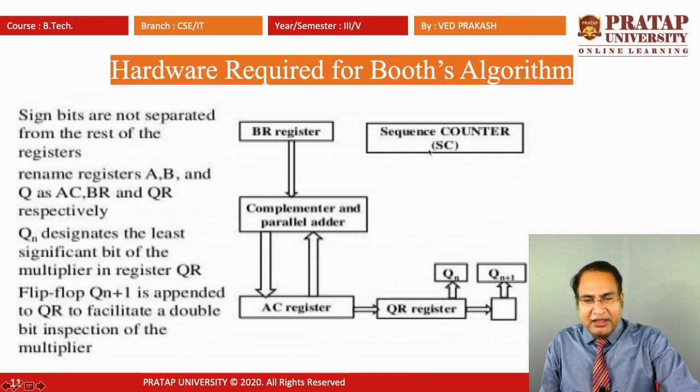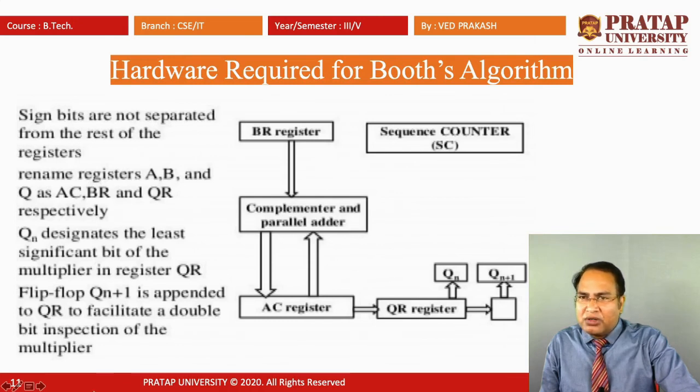The value of the sequential counter is set to the number of multiplier bits, and after multiplying one by one we shift the contents of the bits from AC to QR, and the QR LSB is shifted to Qn plus 1. So here we observe this diagram.